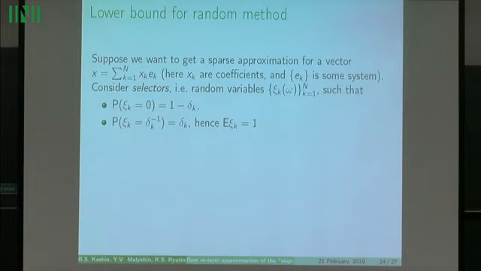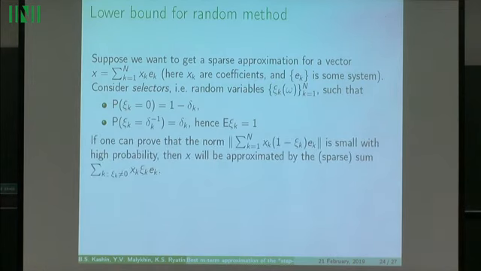And so the expectation is 1. So if one can prove that the norm written on the slide is small with high probability, then one sees that this vector x will be approximated by the sparse sum. So the sum will be sparse and the approximation is somehow controlled.